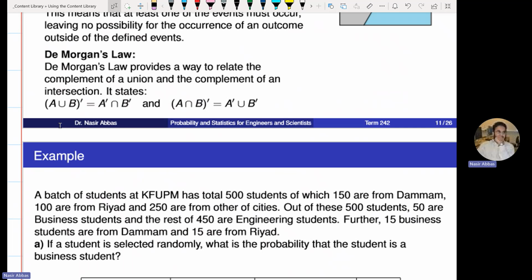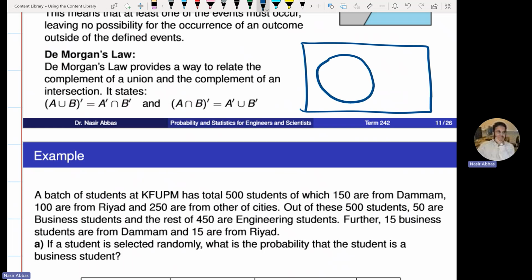Just try to understand this De Morgan's law using the Venn diagram. I will explain one of them using the Venn diagram. Suppose you have this as a sample space, and this is event A, and this is event B. Okay, let's come from the left side. The left side of the first one is A union B whole complement. So let me first highlight A union B. This is my A union B. Correct?